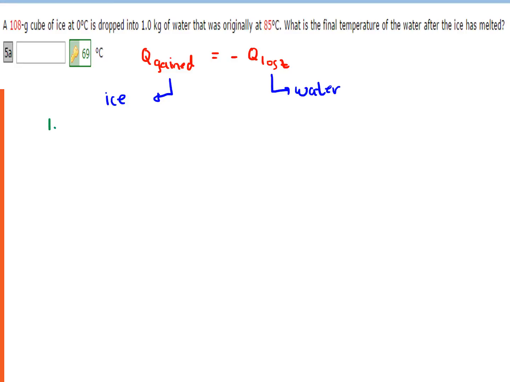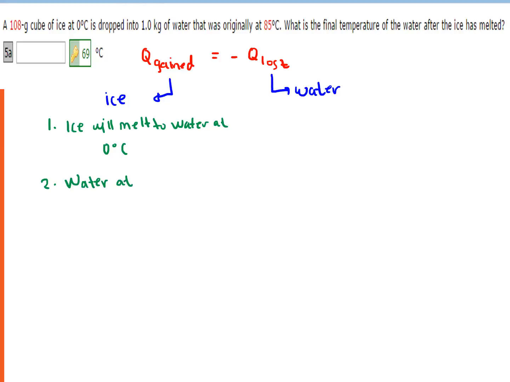First, because of the heat that it gained from water, the ice will melt to water at 0 degrees Celsius. After that, this heat gained by ice would cause the water at 0 degrees Celsius to increase its temperature.